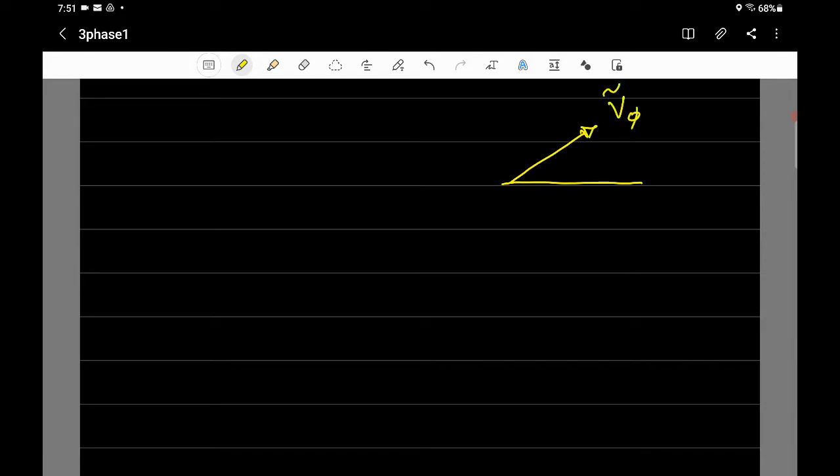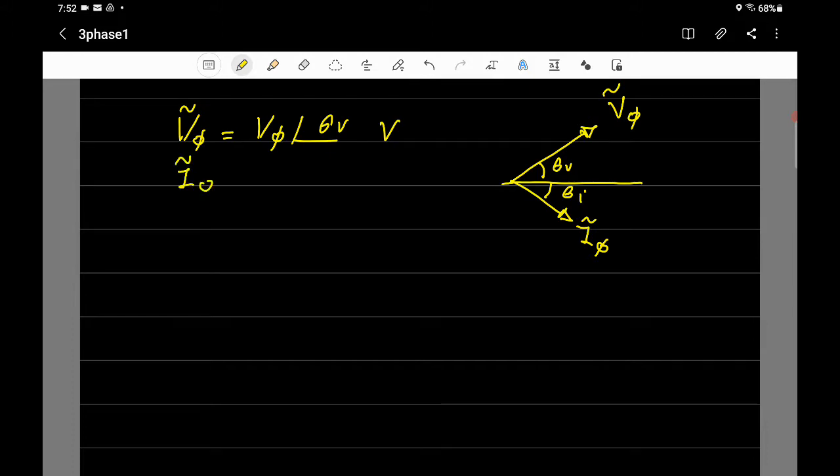It means phase voltage, and the angle is theta V, and you have the current I phi, that's the phase current, and its angle theta I. So the phasor of one phase voltage is equal to the magnitude of the voltage at angle theta V, and the phasor of the current of one phase is equal to the magnitude of the current of one phase at angle theta I. Remember, V phi and I phi in this equation are root mean square values.